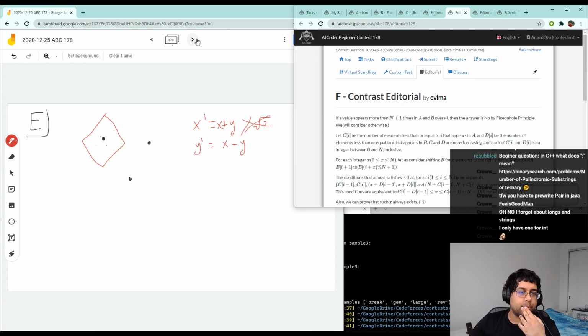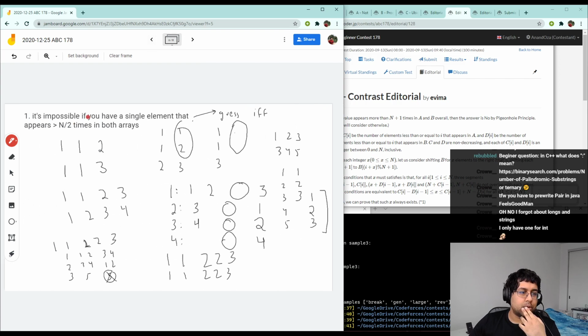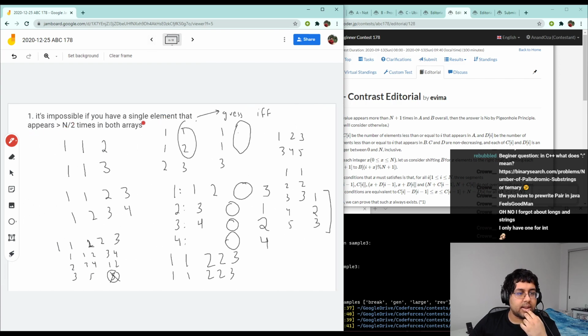Well, I guess I can try to briefly outline my idea for F. So my idea was that if you have an element that appears, so this is actually wrong. What this should say is if your element appears greater than n total times. And I realized that later while coding.